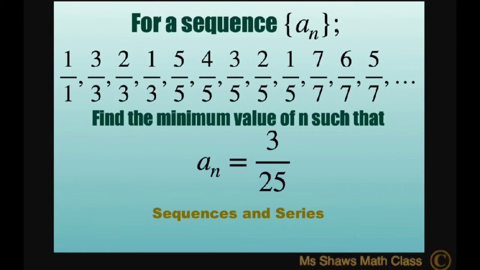Hey everyone, for sequence a sub n given here, we're going to find the minimum value of n such that a sub n equals 3 divided by 25. So what I'm going to do is rewrite some of this as a different sequence.